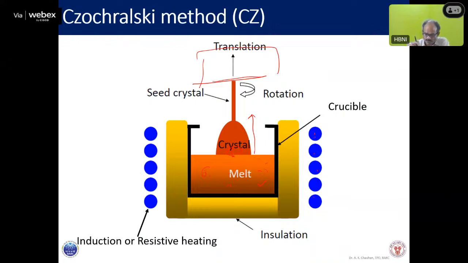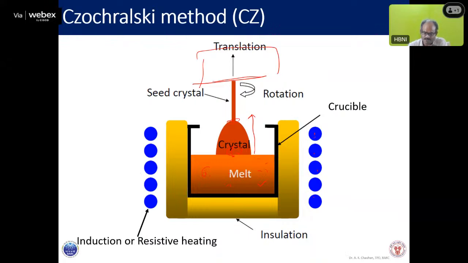So if you have brought this seed into contact with the melt, and the weight of the assembly starts falling, you can understand that the seed is melting, and therefore the temperature of the melt is slightly higher than the melting point. And if the melt temperature is lower than the melting point, then immediately you will get a lot of mass attached to the seed, and then you will come to know that actually the temperature is low.